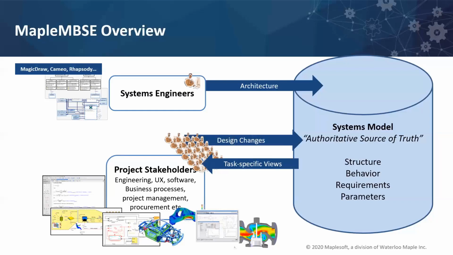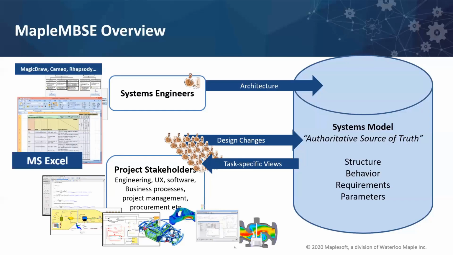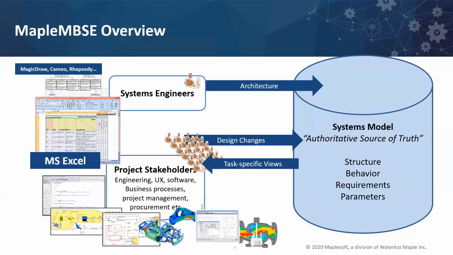So what MapleMBAC offers is direct access to the project stakeholders, and the system engineer still has control over what information is displayed from the system model to these project stakeholders. Based on their own expertise, the subject matter experts can interact with the system model through a very familiar interface, which is Microsoft Excel.